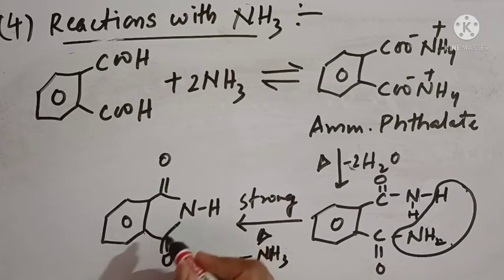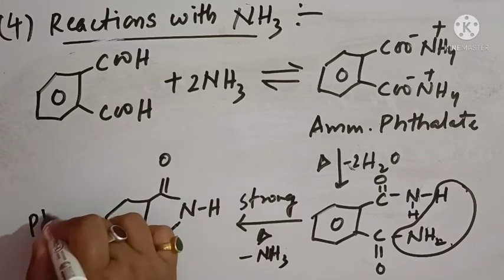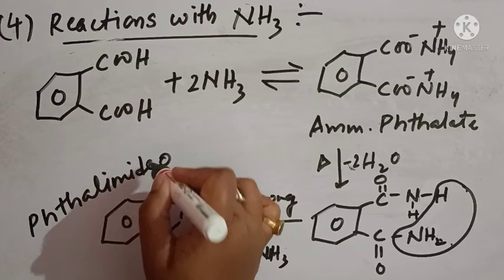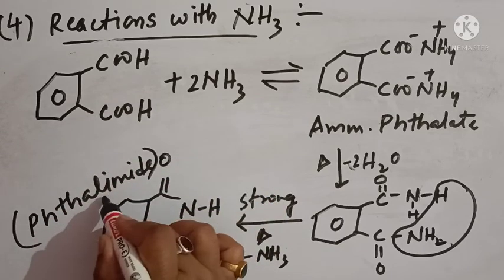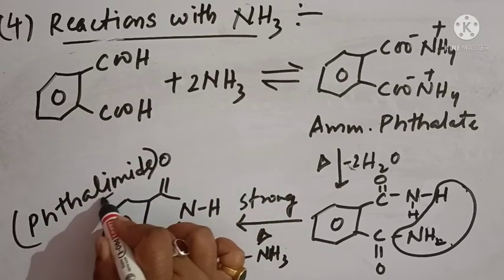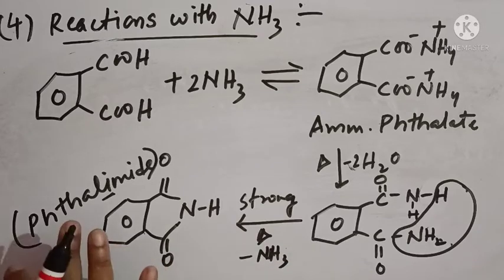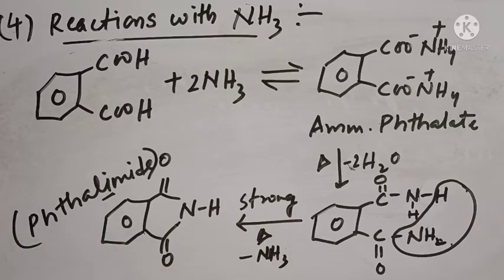This particular compound that forms is known as phthalimide. There is a difference in naming: as the amide is forming, it is known as phthalamide instead of phthalimide. After strong heating, the ammonia molecule is removed and you get the corresponding phthalimide.